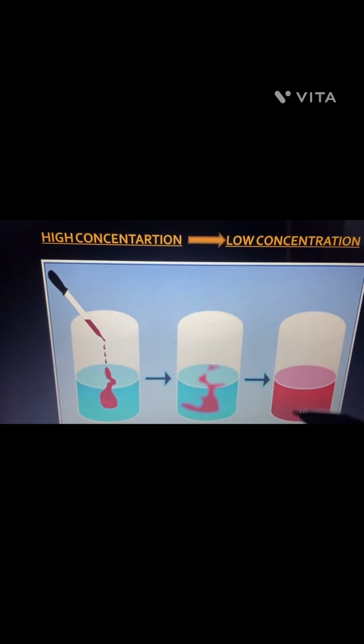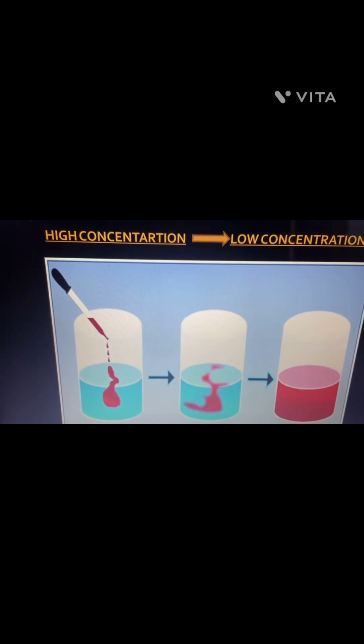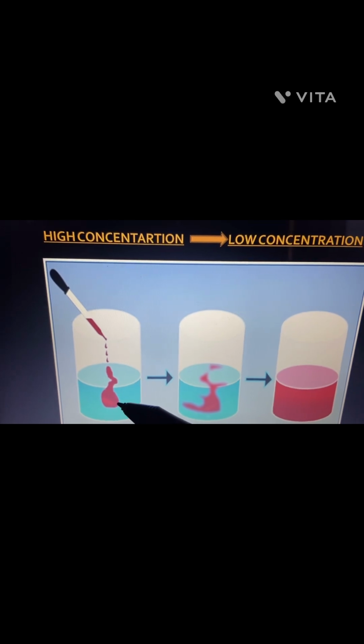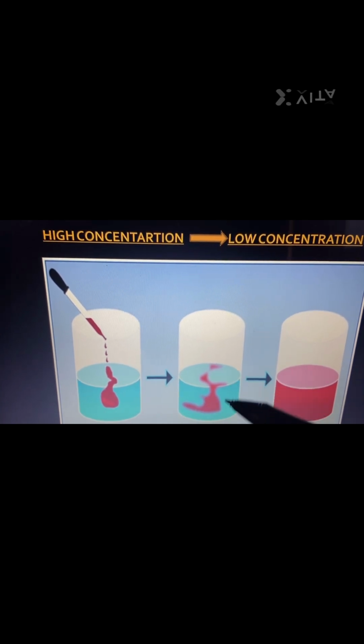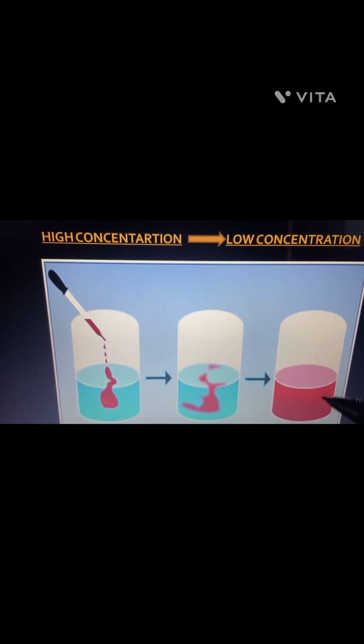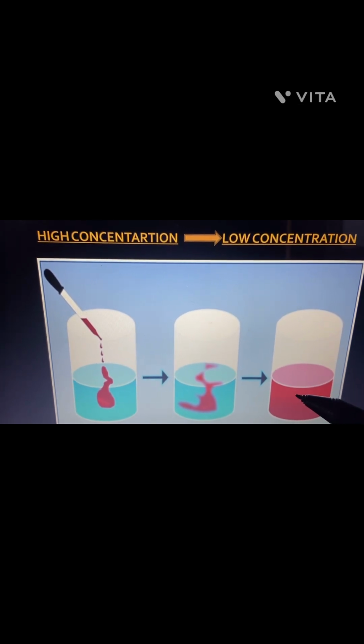Friends, what happens in diffusion? You can see we have put a dye into this solution. After some time the molecules of this dye, which is red in color, get equally dispersed into this solution, making the solution red in color. What will we observe in this diagram?